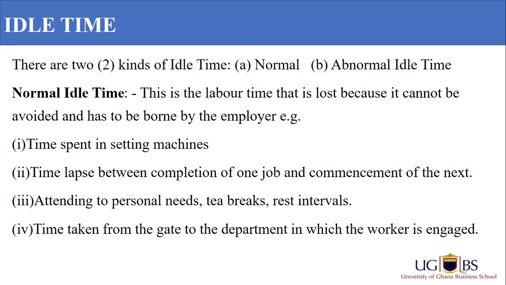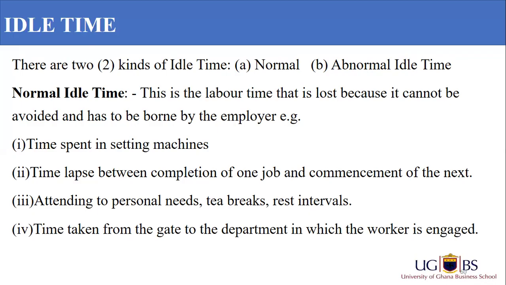So we have time spent on setting up certain machines. Before you are coming to work, they were setting up the machine, right? And you were just there. It is not your fault. Then time lapse between completion of a job and commencement of the new one. For example, if you have double classes on campus, where you have one at JQ and you have one at the business school, and the next one is just after it. So let's say you close at 1:20 and you are supposed to start the next one at 1:30.